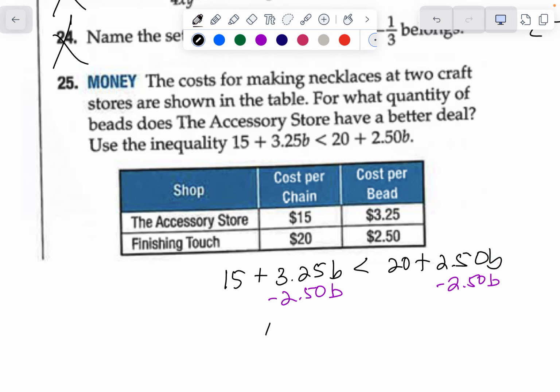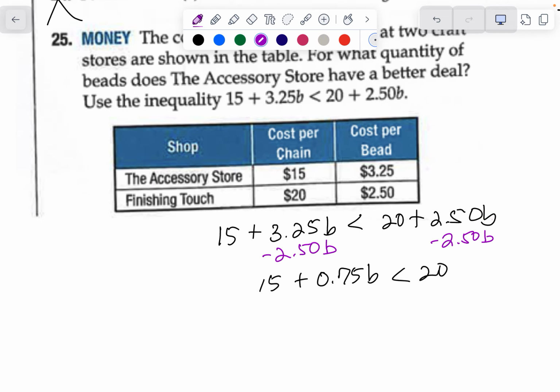So we get 15 plus 0.75b is less than 20. Subtract 15 from both sides. I'm running out of room. Would be 0.75b is less than 5. And then we divide by 0.75, which is, well, for money purposes, let's go to the nearest penny.